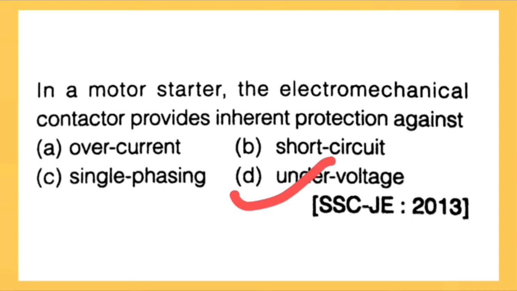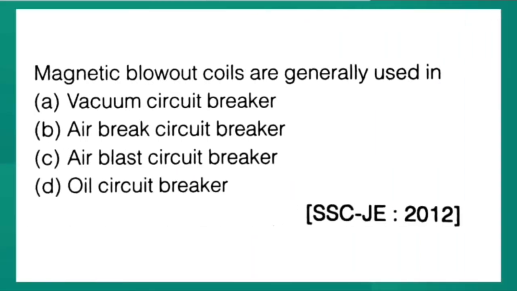In air break circuit breaker, the arc extension and contact separation take place in air at atmospheric pressure. Some air circuit breakers are used in circuits having voltage up to 11 kV. The arc extension is done using a magnetic field provided by the current in blowout coils connected in series with the circuit being interrupted.